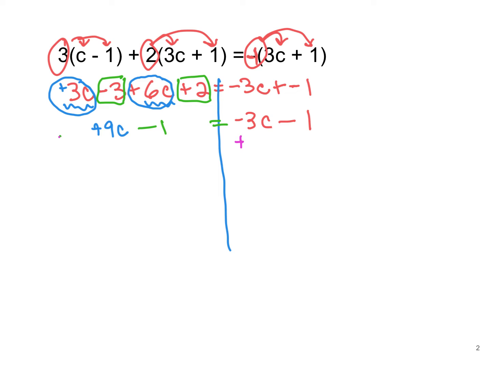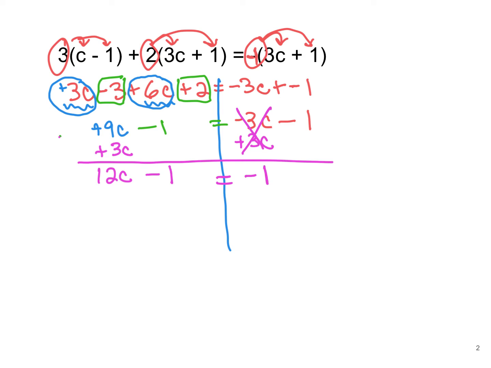So I'm going to add 3c to both sides. And then I'm going to combine things together. 9c plus 3c is 12c. Still have the minus 1. Negative 3c plus positive 3c makes a 0. And I still have that minus 1.